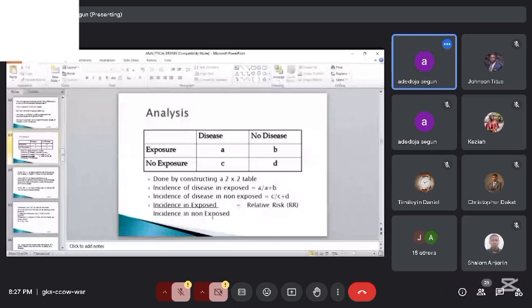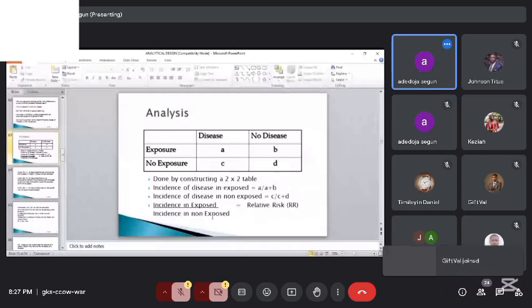Part of the calculation the researcher can do as far as this study design is concerned is relative risk, which can be calculated by looking at the incidence of disease in the exposed. Let me try to take us back a little bit.